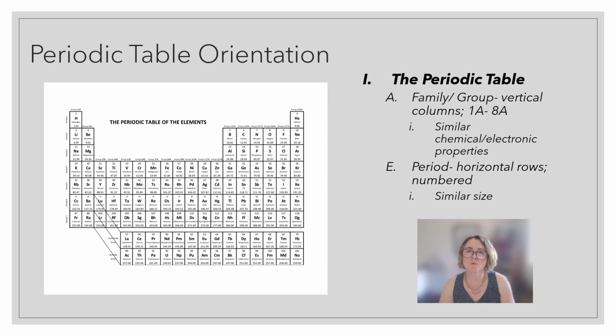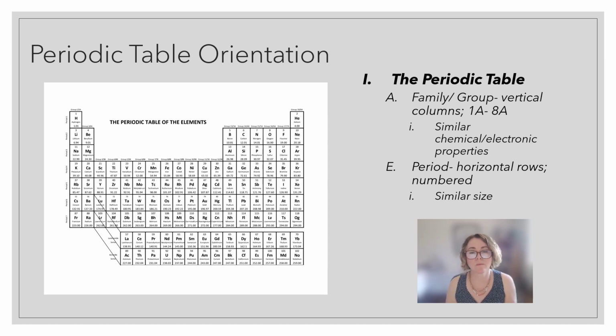Okay, so as we just talked about in the last slide, the periodic table is first organized in terms of properties. So you will find that elements that fall in a specific column are going to have very specific properties. And these are called families or groups.